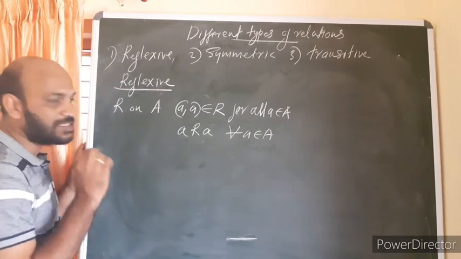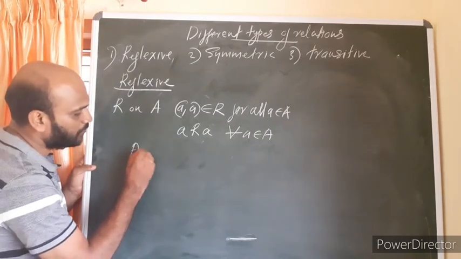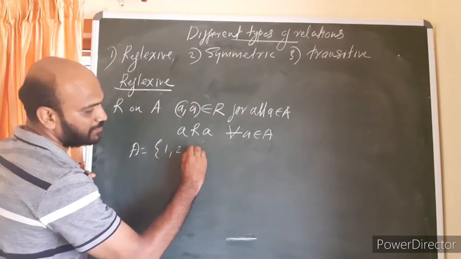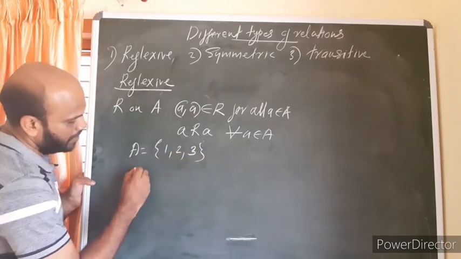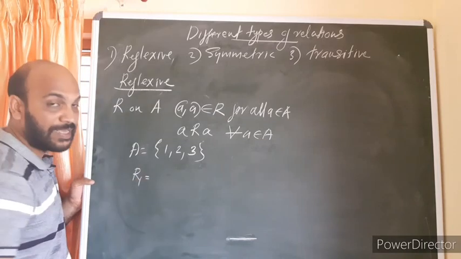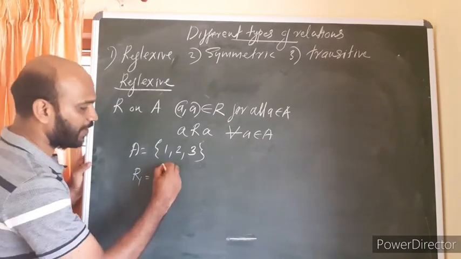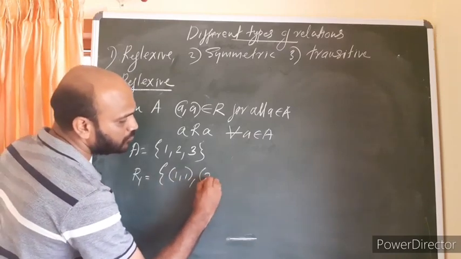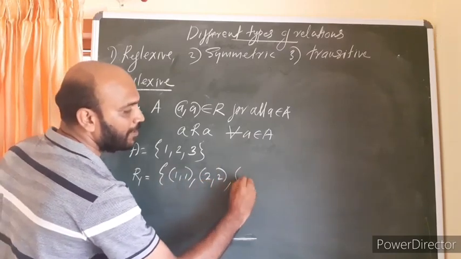Okay. Now I will tell some examples. Suppose A equal to a set which contains 3 elements, and R1 be a relation on A defined as R1 equal to {(1,1), (2,2), (3,3)}.